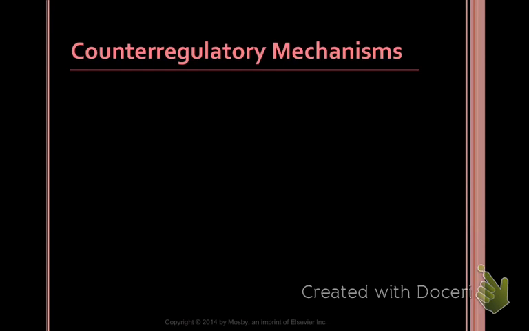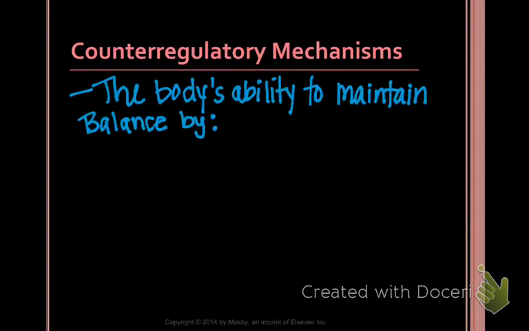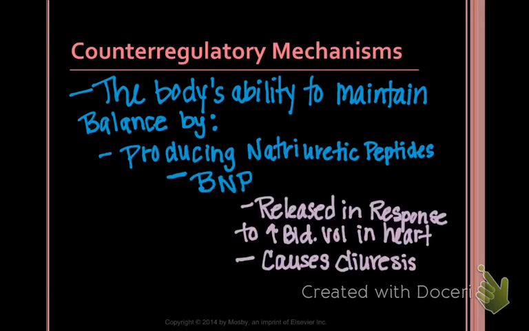During all this time, while this is happening, you've also got some counter-regulatory mechanisms going on. This is the body's ability to maintain balance, and it does this by producing natriuretic peptides.